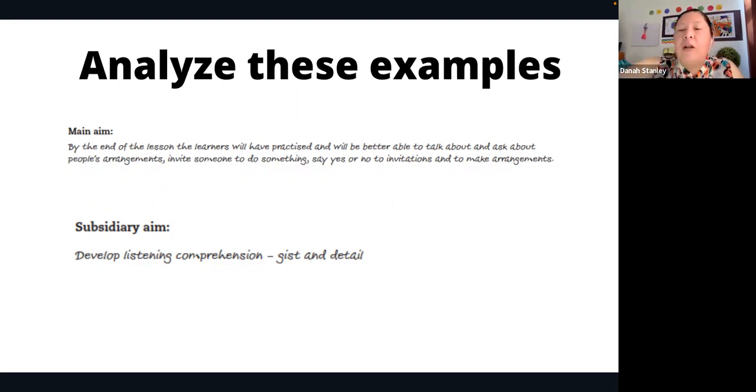If the assumption is that they already know that present continuous is for future arrangements, they have expressions to invite and reject invitations, and based on this, they know how to make an appointment.